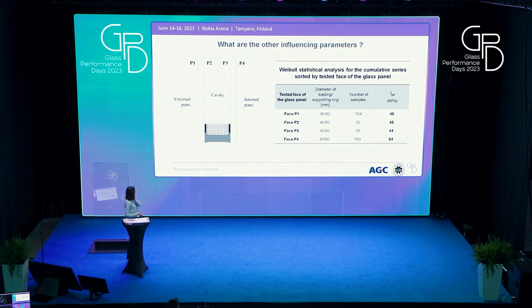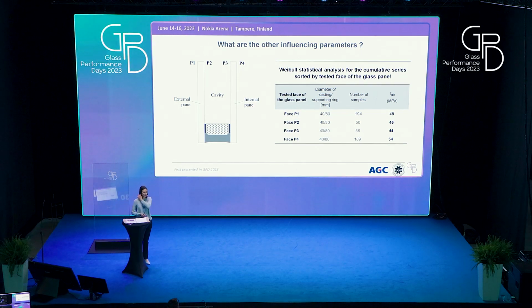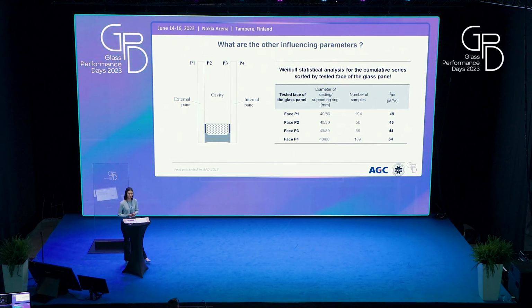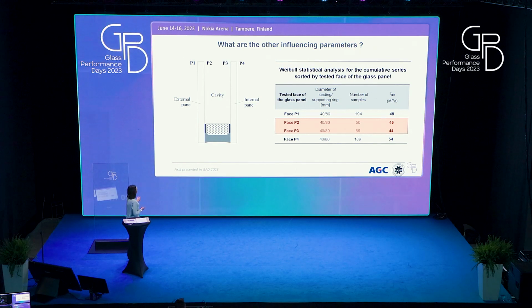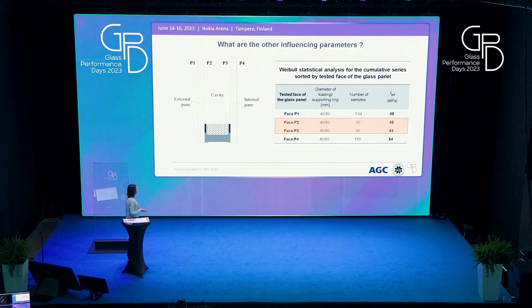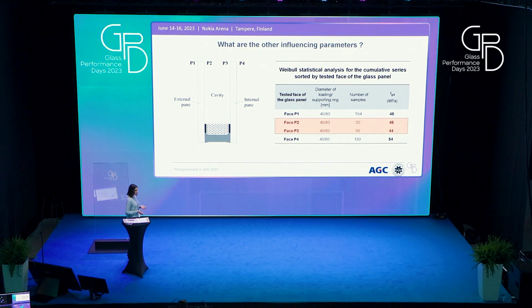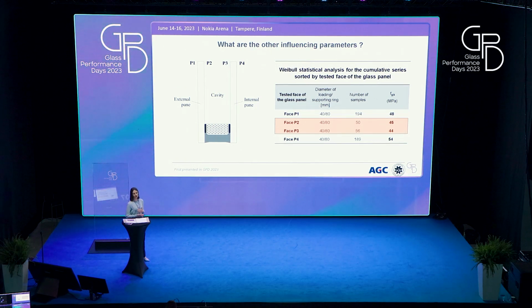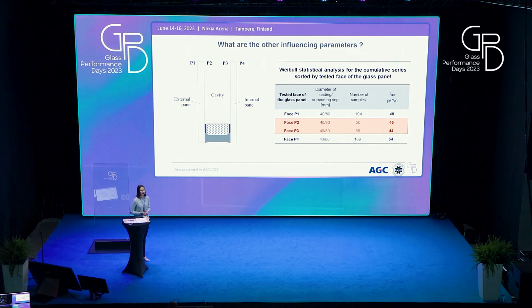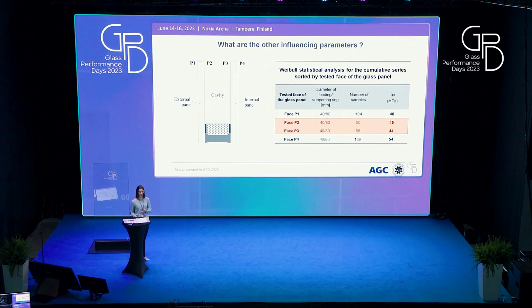And actually, the results highlighted an unexpected result, because the internal faces of the panel, here called the faces P2 and P3, show a lower strength compared to the external faces of the glass panel, which are the faces P1 and P4. But maybe this investigation would need to be repeated and improved by keeping as consistent parameters both the tested phase and the quality levels, which here is not the case.